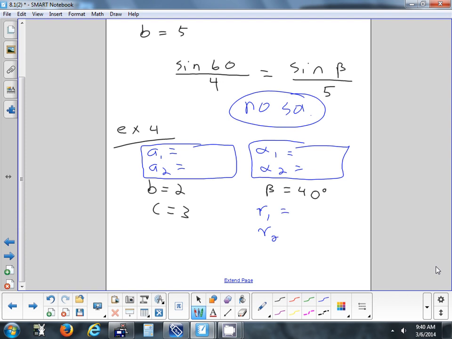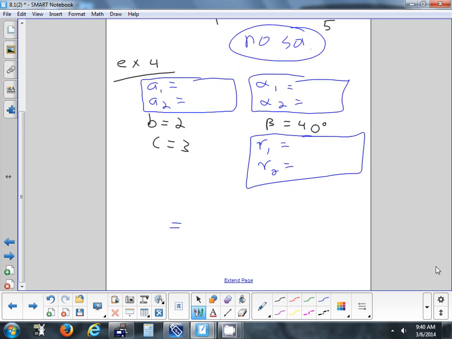Okay, what do I have to find first? Yeah, gamma 1. We can't really do anything with the top row here because we don't have anything in it. So you've got to find gamma, and you'll find out in a second that it's really just gamma 1. What would be my proportion to solve for gamma 1?